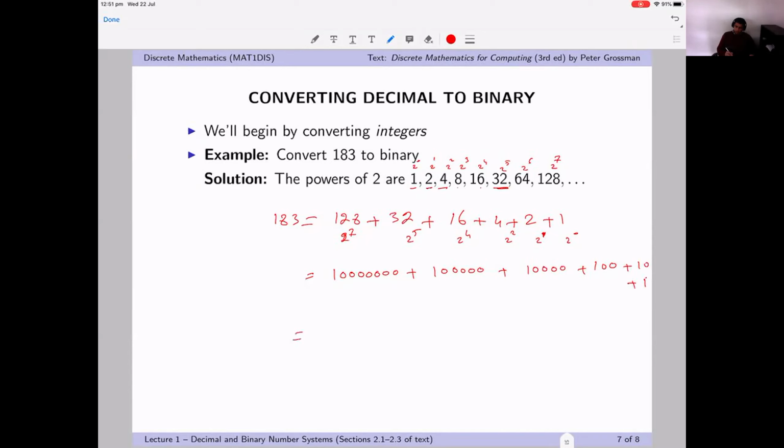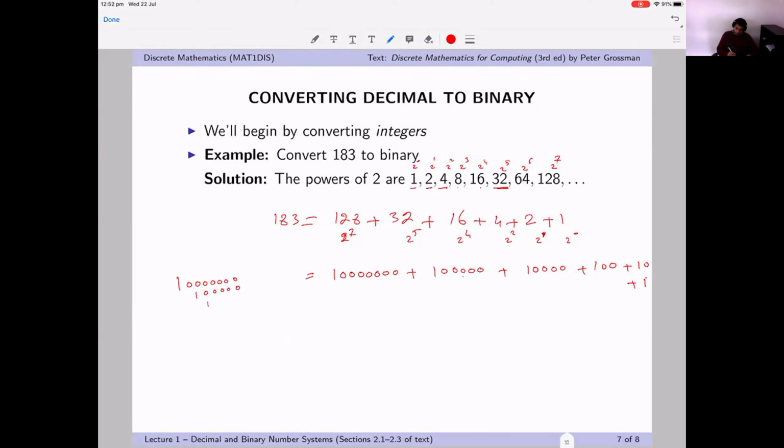And when you add all of them together, you would have 1 0, 1 0, 1. Okay, maybe I should start from the right. So you add all of them up: 1, 2, 3, 4, 5, 6, 7. And then the next number is 2, 3, 4, 5.